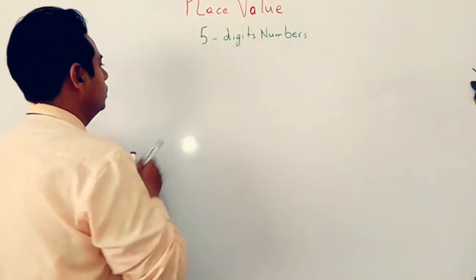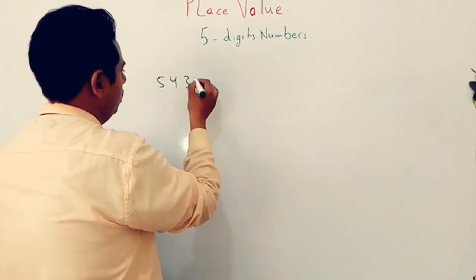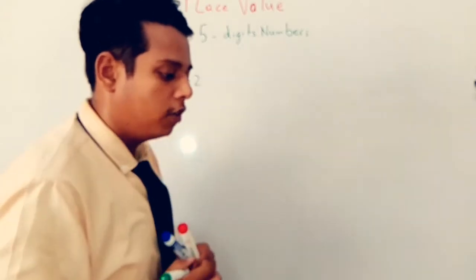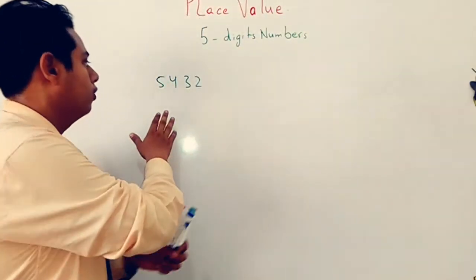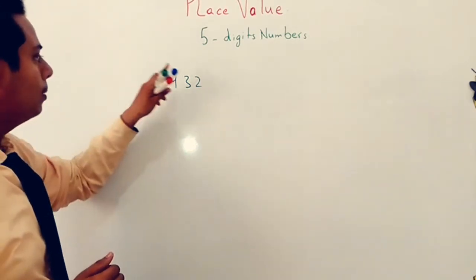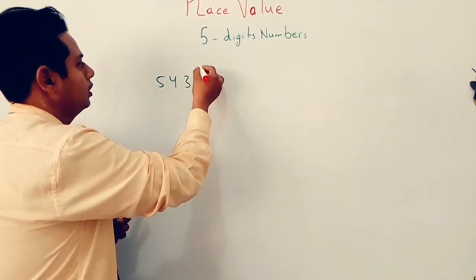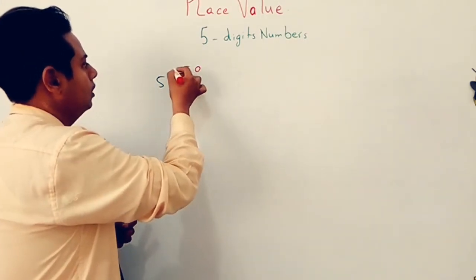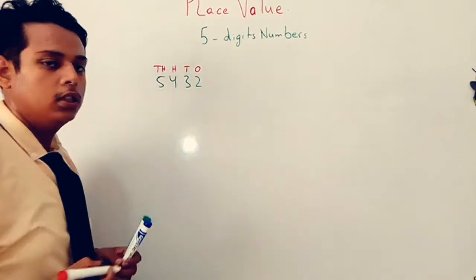I have a number 5, 4, 3, 2. First of all, before writing the name of this number, I need to put the place values. First I write ones, then 10, then 100, and the last one is 1000.